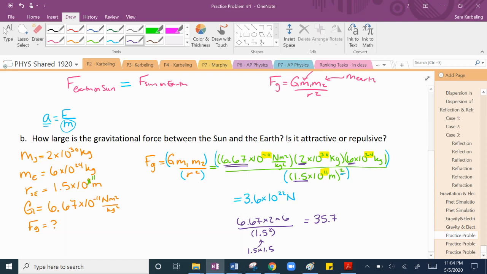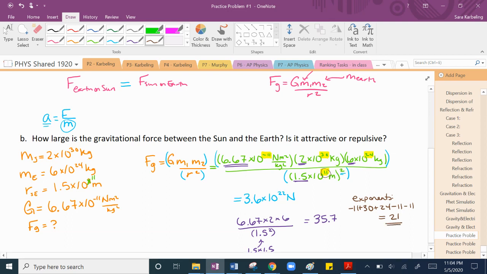And then to figure out the exponents, you can do negative 11 plus 30 plus 24 minus, this minus is coming from the ones we're dividing, minus 11 minus 11. Okay, and from that, you get a 21. So that's your exponent.